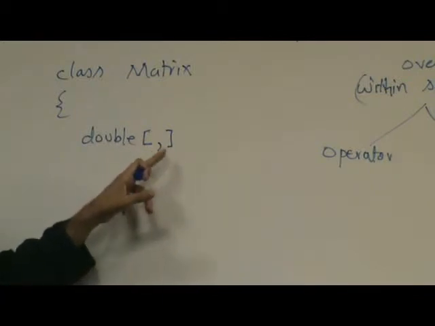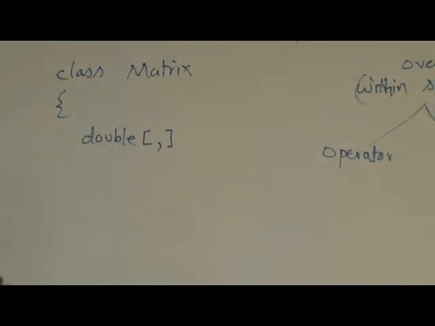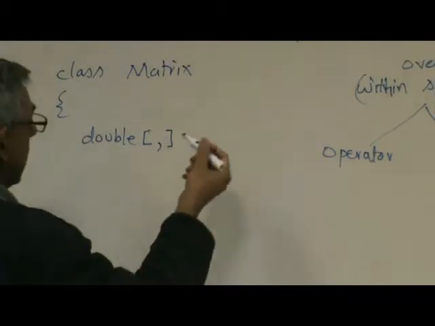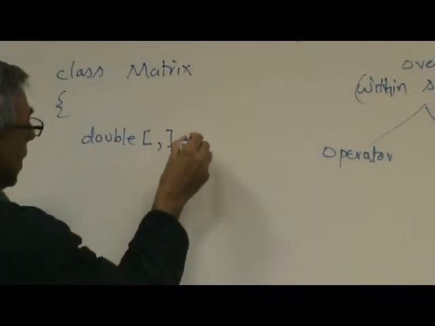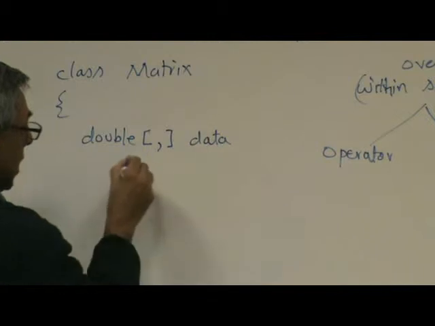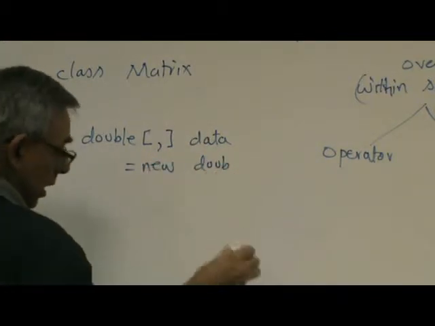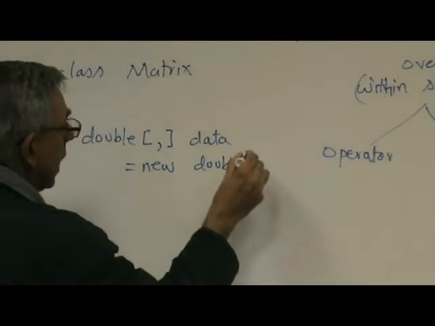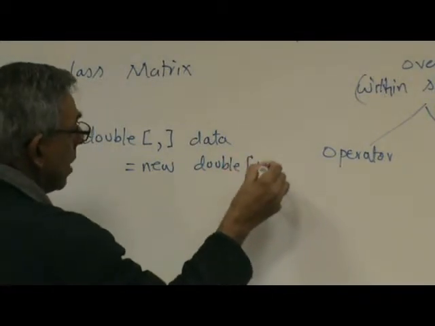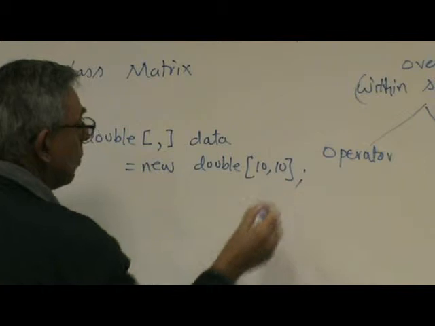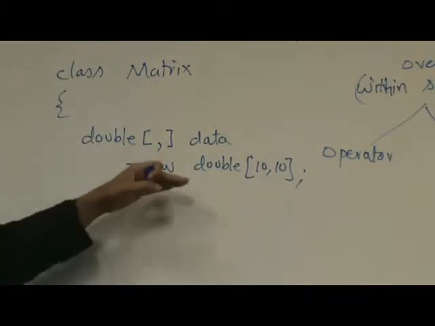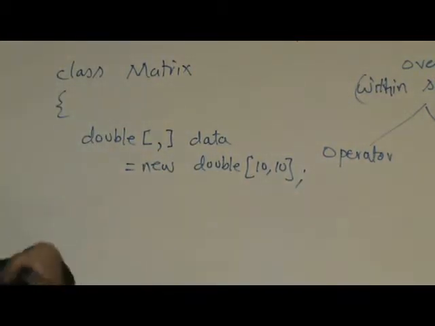Left square bracket, comma, right square bracket, that means it will be a two-dimensional array. Suppose you call it data equal to new double, for example, 10 comma 10. If you wanted a 10 by 10 matrix, or you can say null and through the constructor provide how many rows, how many columns somebody wants, right?